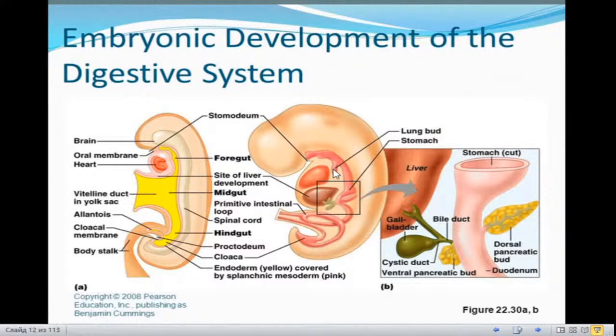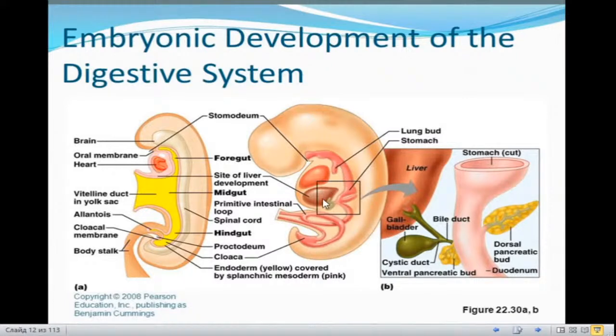This tube should obliterate or fuse just before the birth. If it will not be fused, the newborn will have serious pathology. This will be called tracheoesophageal fistula, and that will cause suffocation of the newborn by the milk while breastfeeding.